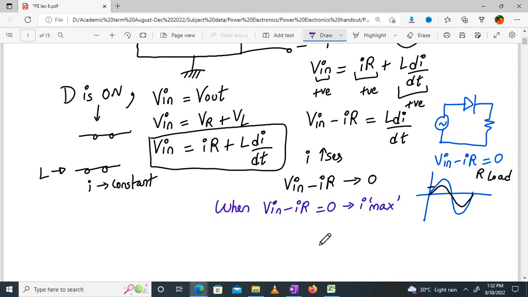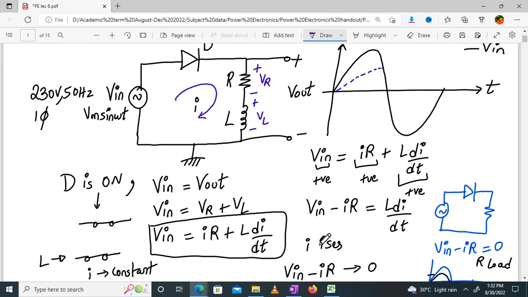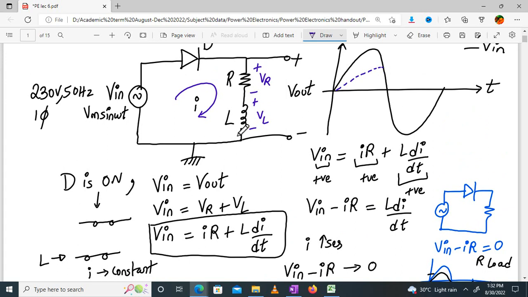I'll explain why. The inductor stores energy in the form of a magnetic field. So whenever di by dt is positive, the inductor is storing energy. Whenever we apply a V to this circuit, it has two jobs: to dissipate energy across the resistor and to store energy in the inductor. The energy dissipating across the resistor, VR, is lost.